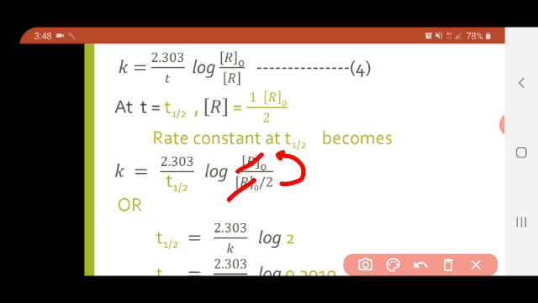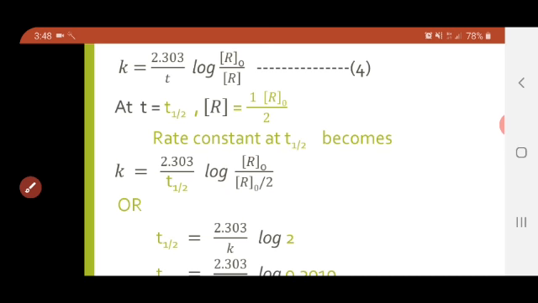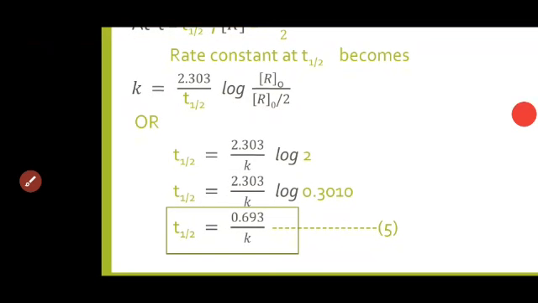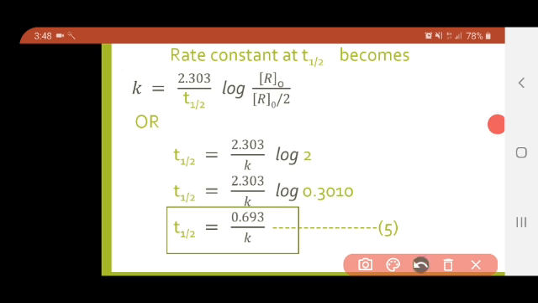What is remaining? t half is equal to 2.303 divided by K into log of 2. Log of 2 is nothing but 0.3010; by seeing the log table, you can find out the value of log 2. Sorry, the log should not be there, it should be cancelled. Directly the value of log of 2 is substituted and multiplied.